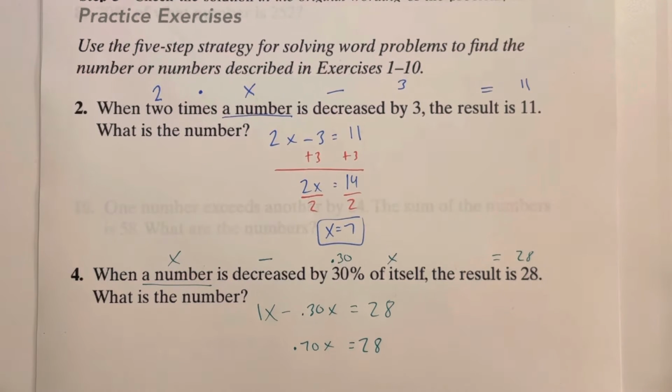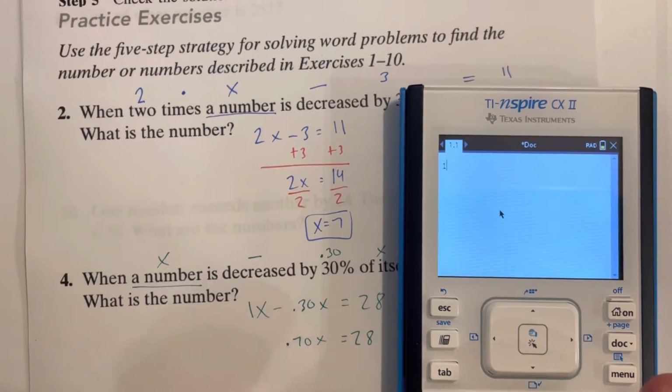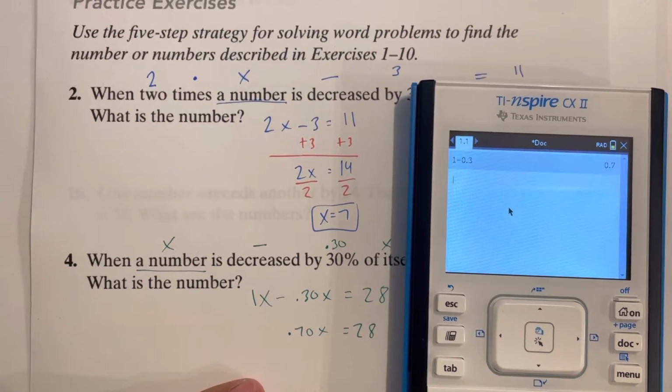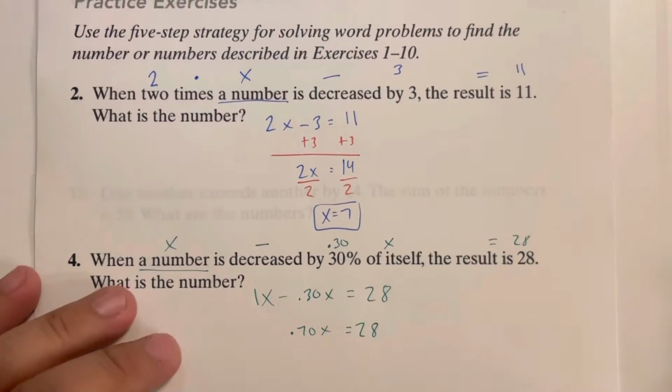And if you're unsure if that's correct, you can always take your calculator, whether it's scientific or graphing, and you can just type it in. So 1 minus 0.3, and you can see right there we do get 0.7, which is 0.7x.